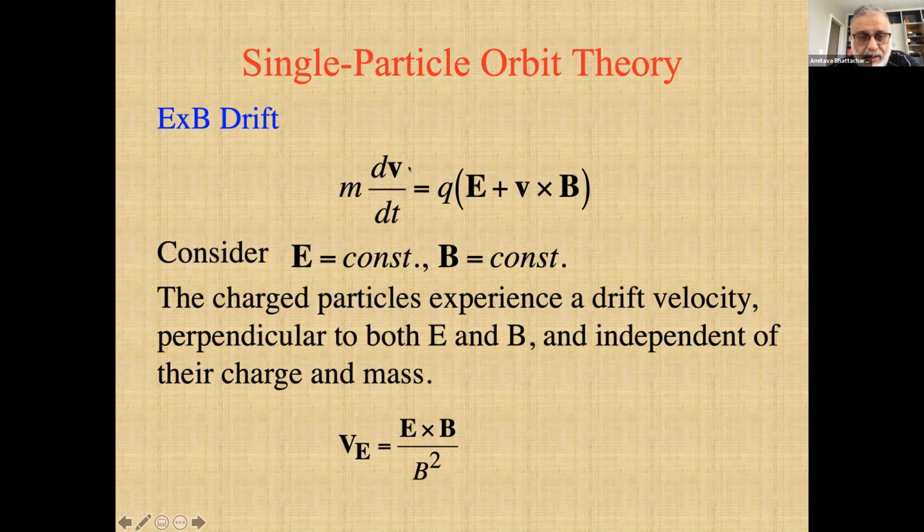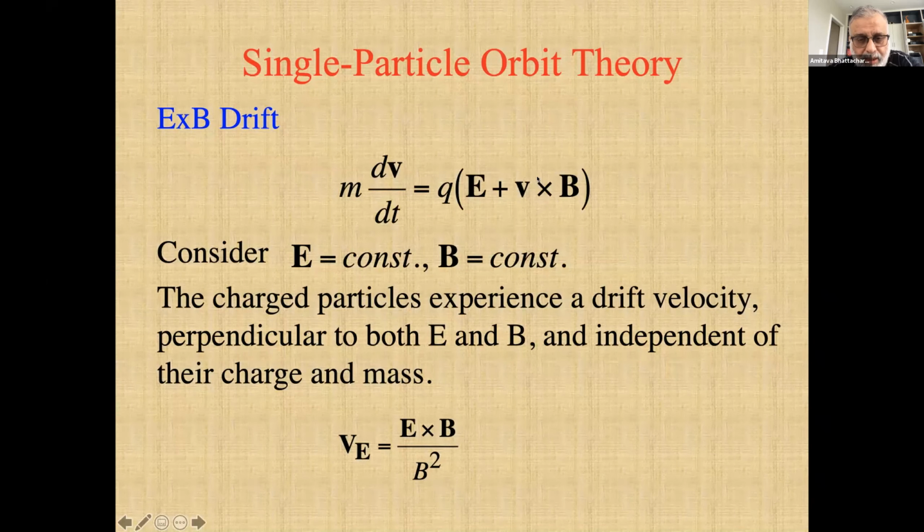This term drops out: m dv parallel/dt equals qE parallel. That then gives the guiding center a parallel acceleration given by the parallel component of the electric field. But if you write the same equation in terms of perpendicular, what you will have is m dv perp/dt equals q(E perp plus v perp cross B).